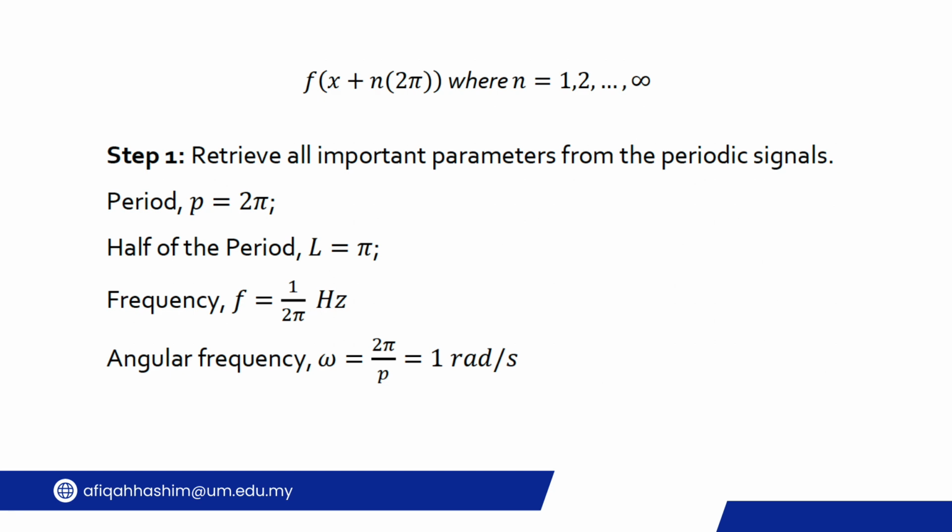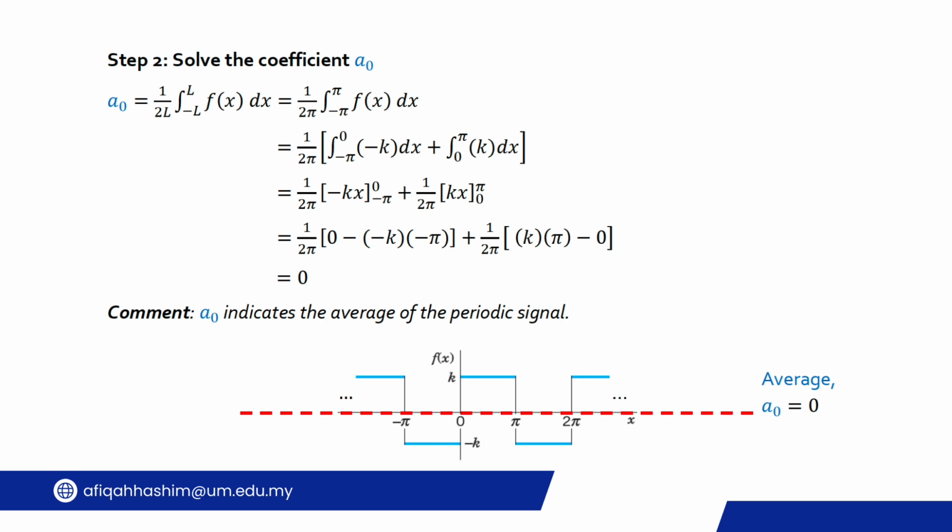Then frequency is 1 over P, so we get f equal to 1 over 2 pi hertz. And the angular frequency is 2 pi f, which with f equal to 1 over P gives an angular frequency of 1 radian per second. Then step 2, solve for the coefficients.